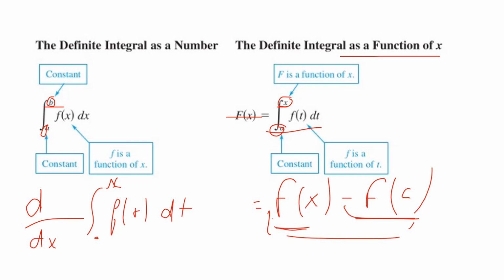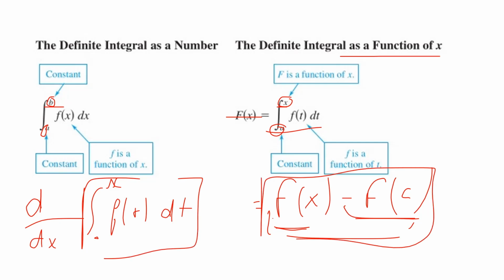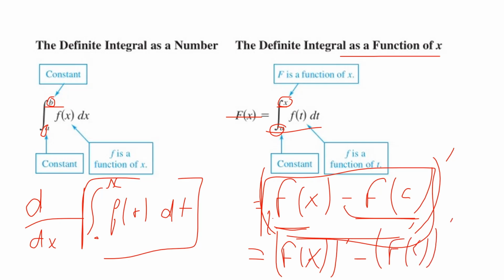So if we were to replace this with this function here and differentiate this part, we'll end up with F prime of x minus F prime of a. This will be a constant, so it will go because it will be 0, and we'll end up with just the derivative of big F of x, and the derivative of big F of x is just small f of x.